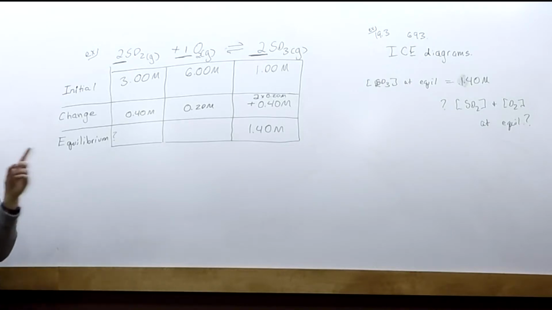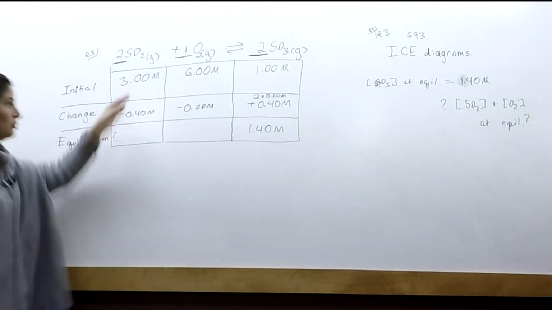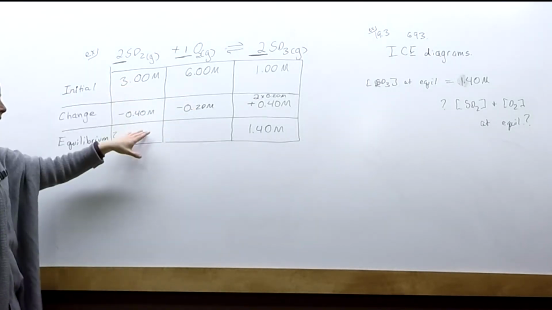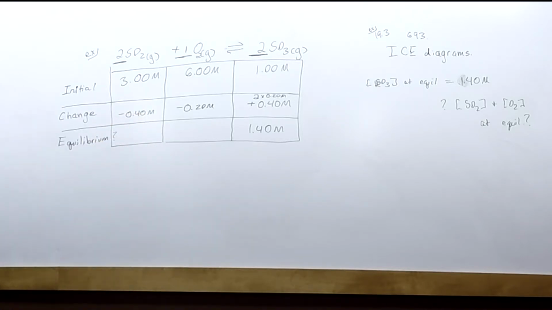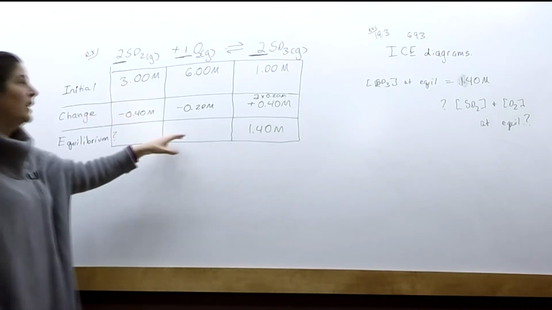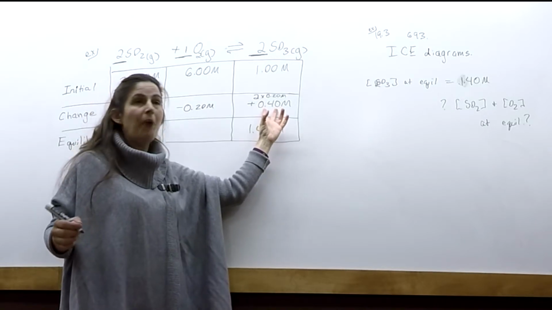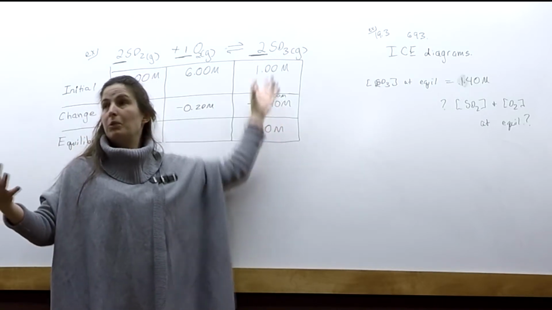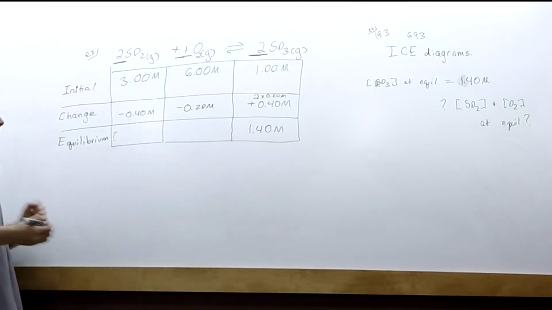So the change for reactants is going to be negative. Okay? Because you want the concentration at the end to show what's actually happening conceptually. The concentration is decreasing on the reactants and increasing in your products. So your change here was positive, which is good because you added your products, and for your reactants it is negative.